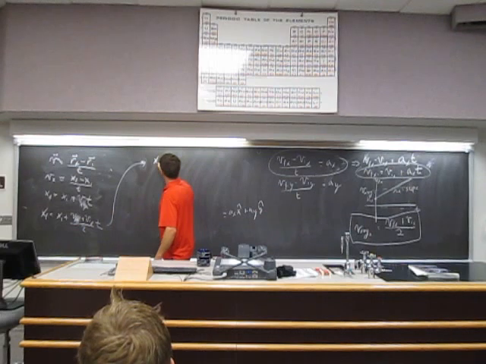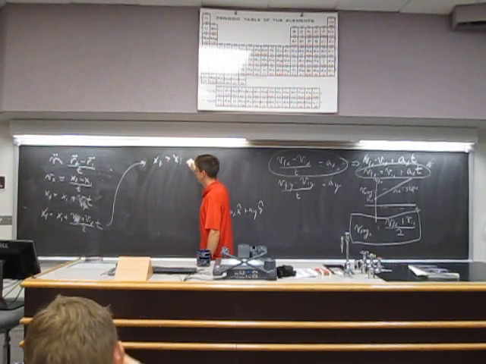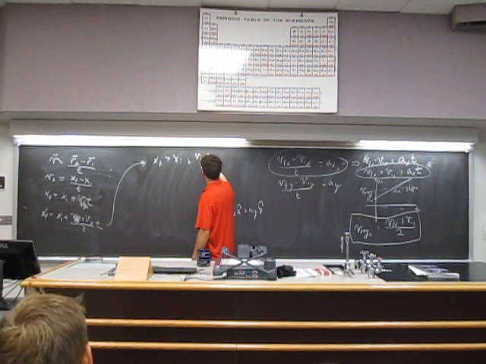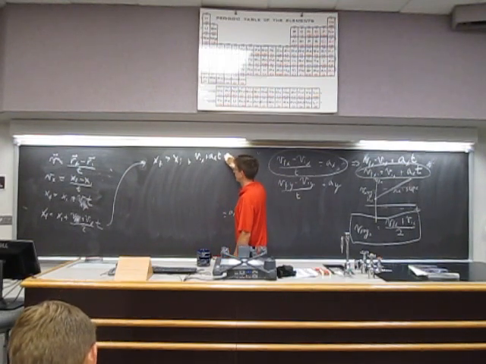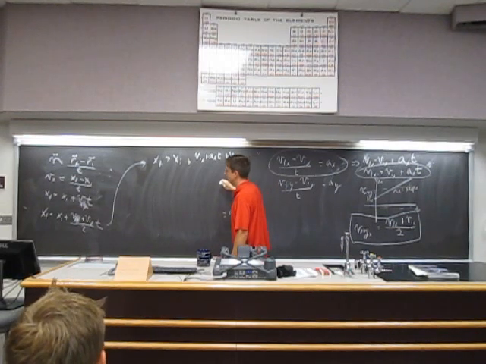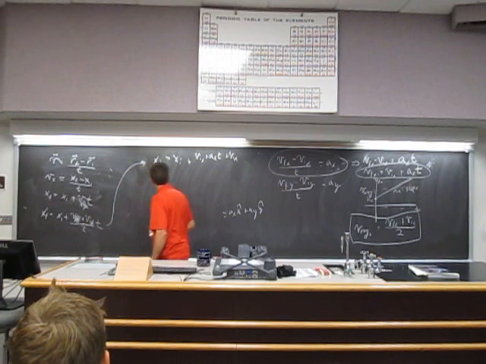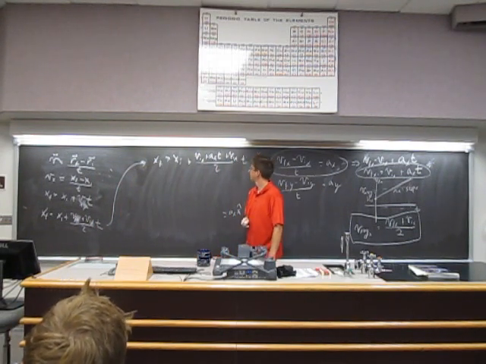I'm going to get that the final x position is equal to the initial x position plus initial x velocity plus the acceleration in the x direction times time, plus the initial x velocity over 2 times t.